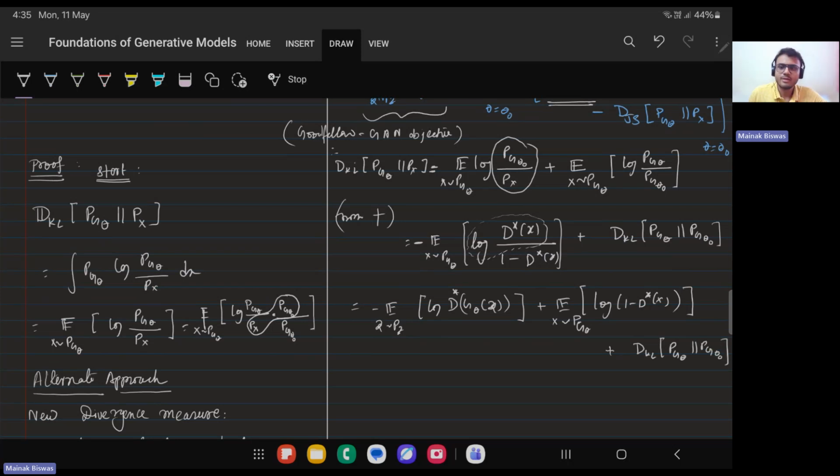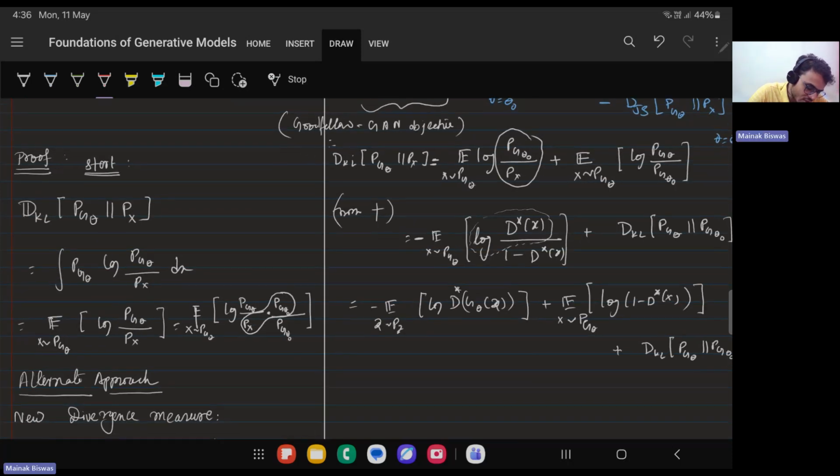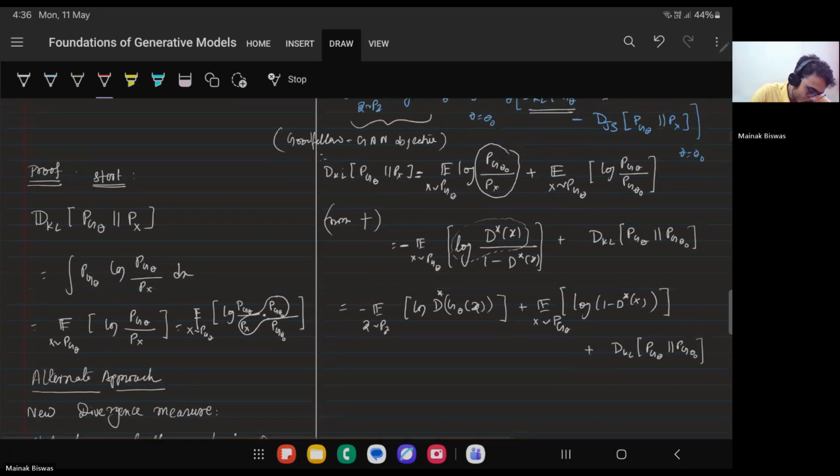Now when I see this, I will take gradients with respect to theta on both sides. This is my DKL of p_g theta and p_x, and I take the gradient with respect to theta.